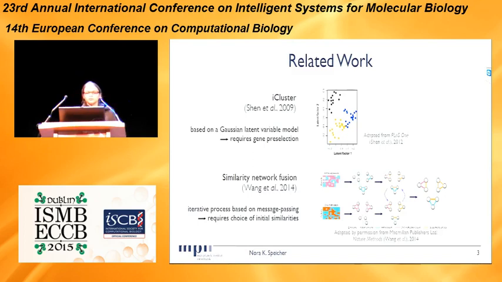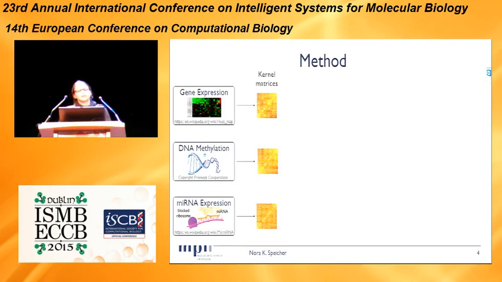In this method, one important step is the initial choice of the similarities that are derived from our data types, because from this we get our initial patient similarity networks, and this choice will also strongly influence the final result that we get.